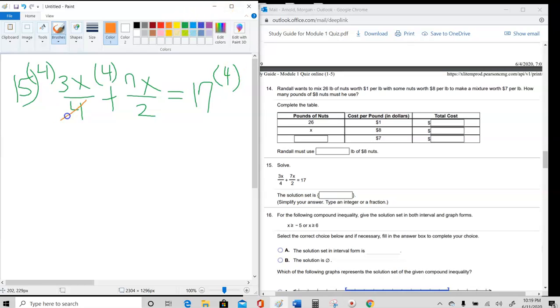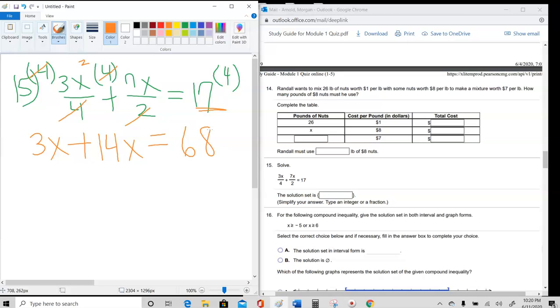Now the first part, the 4's cancel, leaving you with 3x. In the middle, 2 can go into 4 2 times, and then 2 times 7x is 14x. And on the right side, nothing cancels, just multiply 17 by 4 to get 68.